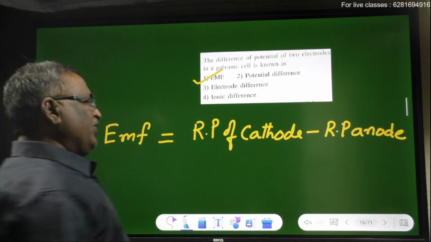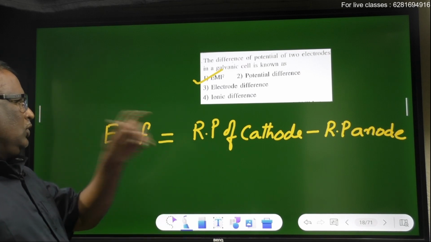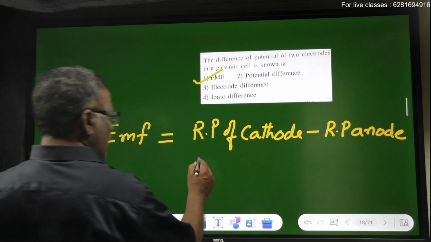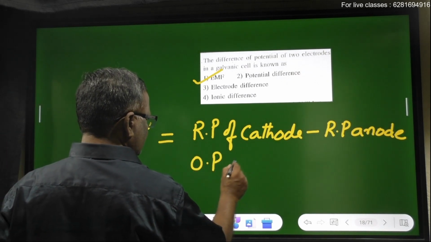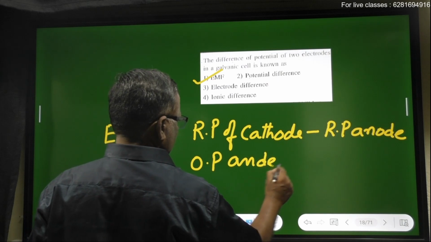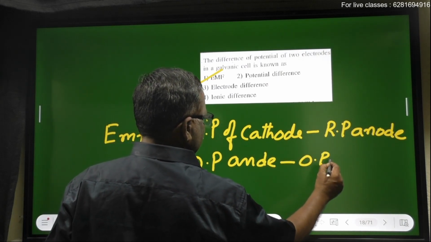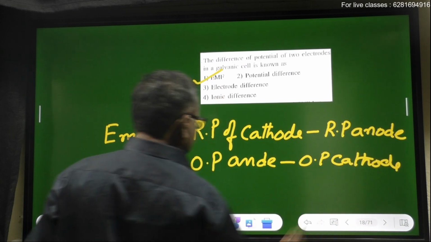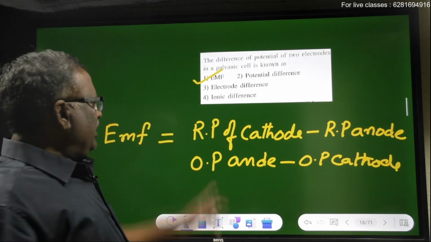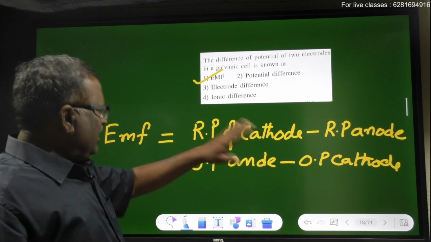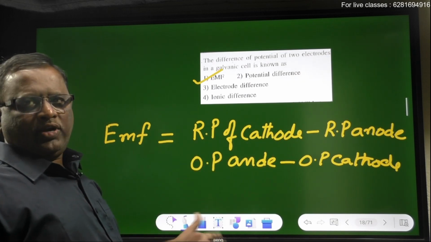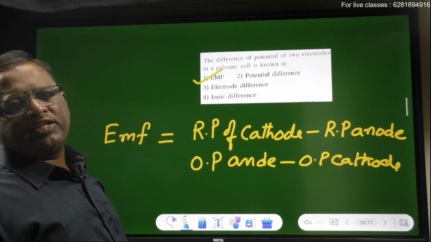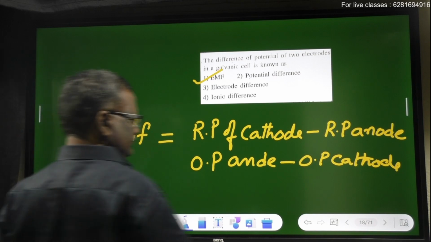So this is the difference between the reduction potentials of two half cells. Or if you have oxidation potentials, oxidation potential of anode minus oxidation potential of cathode. In the case of oxidation potentials, anode minus cathode. In the case of reduction potentials, cathode minus anode. Whatever it may be, EMF is the difference between the electrode potentials of two half cells.